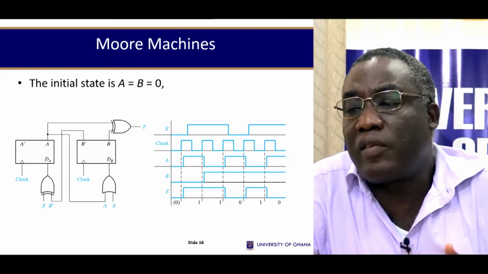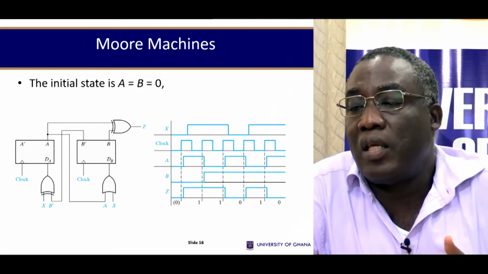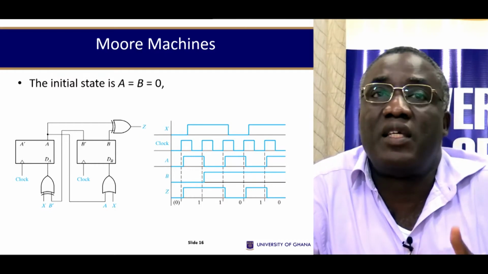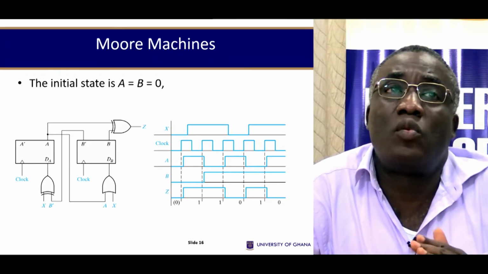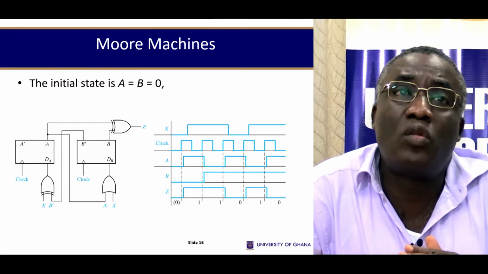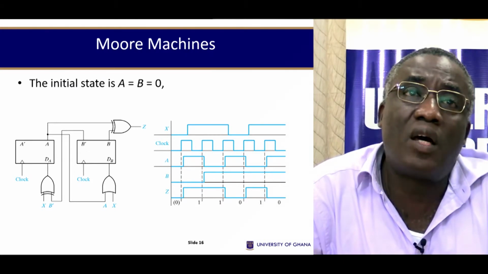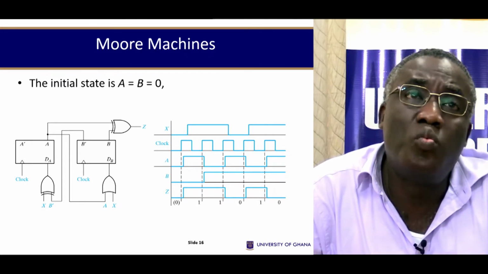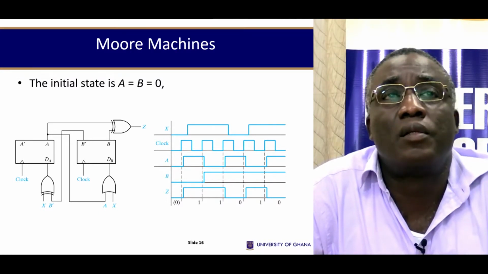And because Z is a function only of the present state, the output will only change when the state changes, because there's no other input to Z except the present two states. So you can see that the Z output takes its inputs from these two states only and nowhere else.